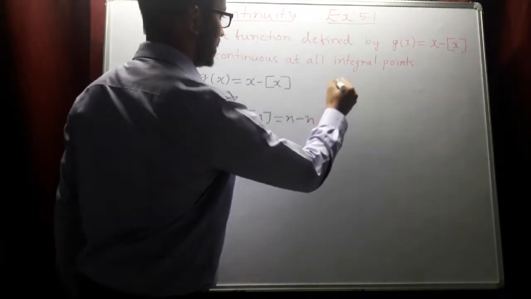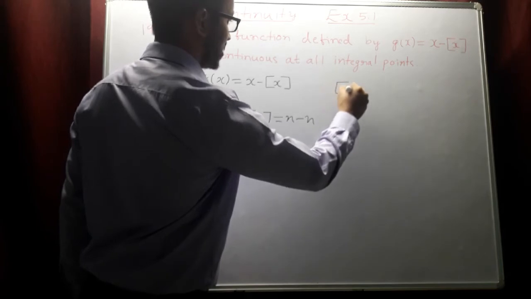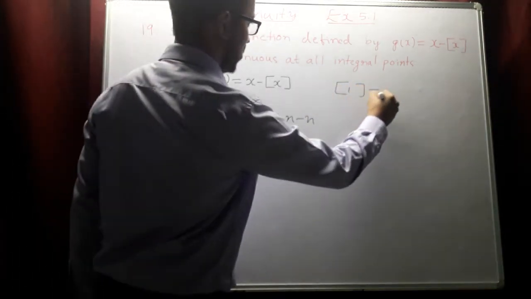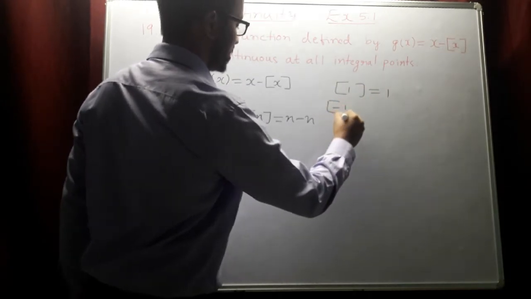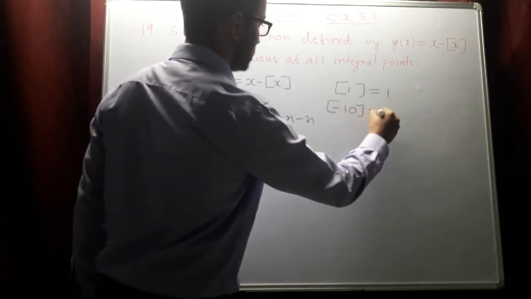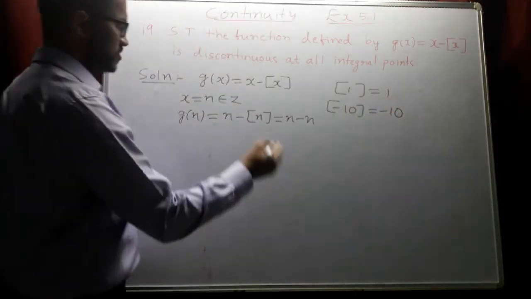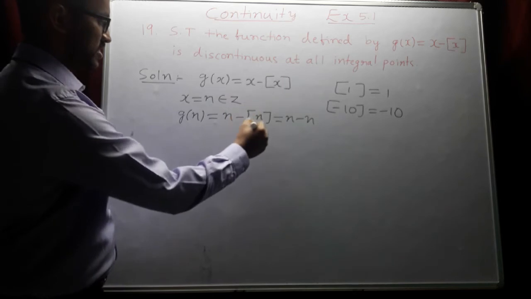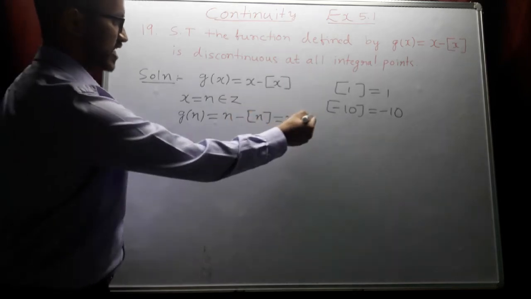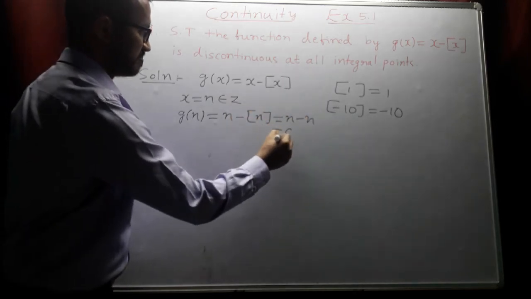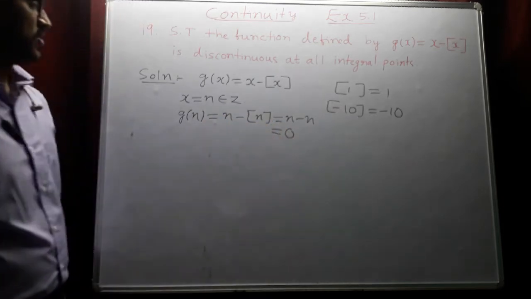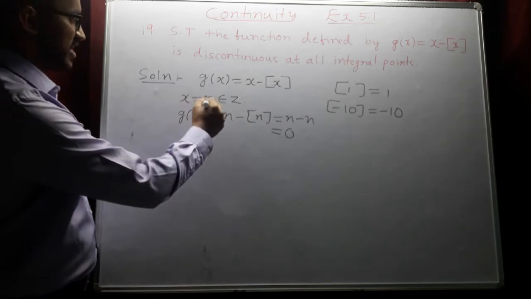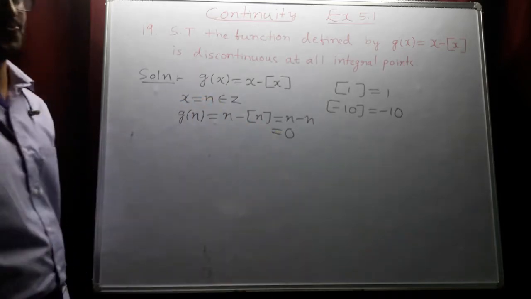Suppose n is any integer: greatest integer less than or equals to 1 is 1, greatest integer less than or equals to minus 10 is minus 10. Since n is an integer, the greatest integer less than or equals to n is n itself. So n minus n is 0. So the value of the function g of x at the integral points is 0.